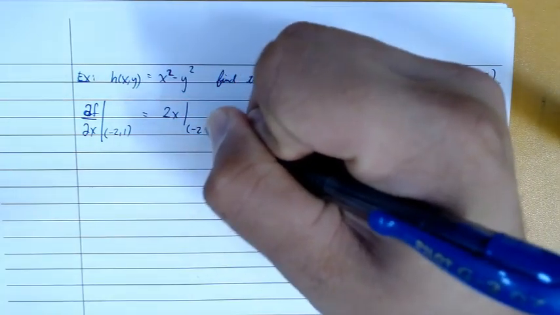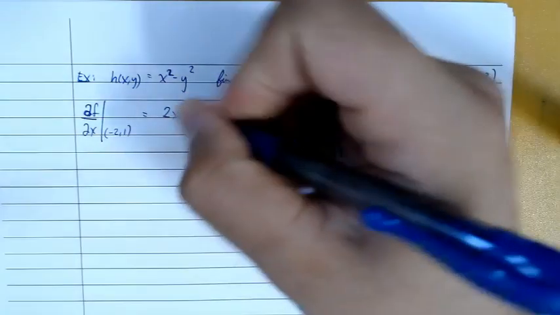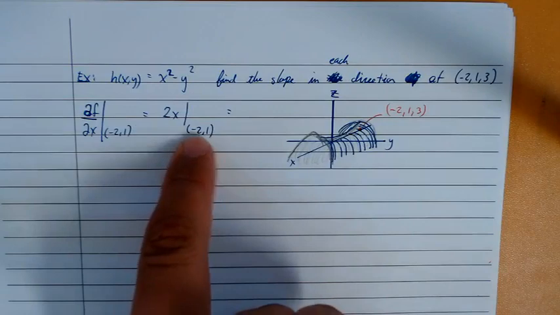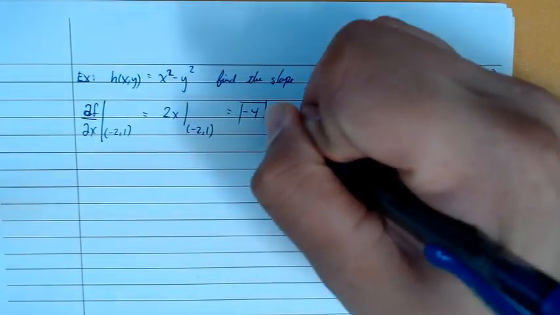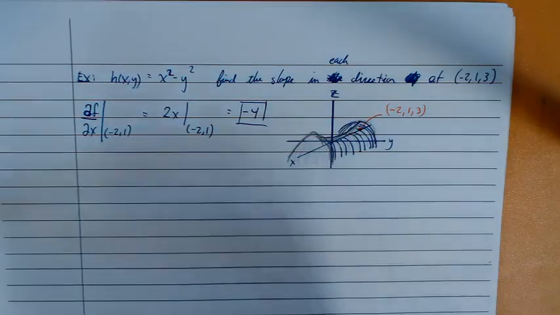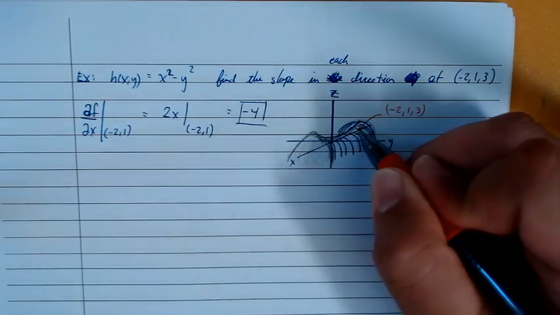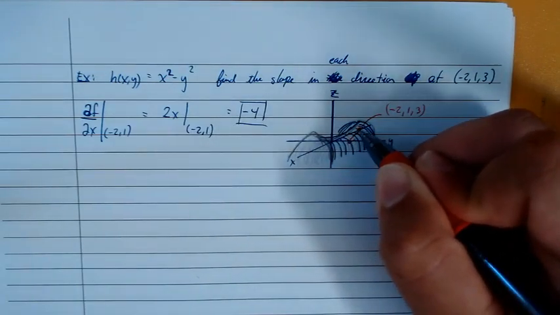Now we can evaluate this at negative 2, comma 1, which gives us negative 2 times 2. There's nowhere to plug in that y, so don't worry about it. That's negative 4. So if you're at that point and walking along the x-axis, your slope is negative 4. You're going downhill.